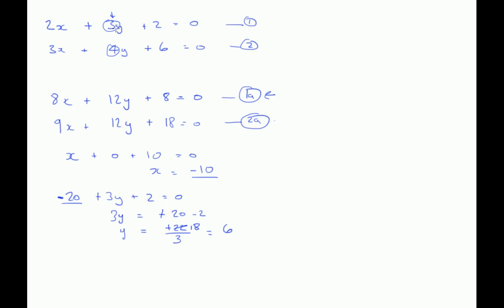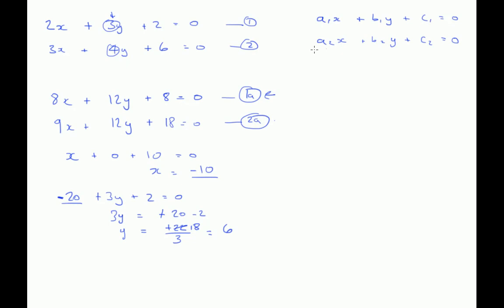Okay, so the key to that was that if we say an equation is of the form ax plus by plus c equals 0, and we've got two of those, we say a1, b1 and c1, and then in this one a2x plus b2y plus c2 equals 0.